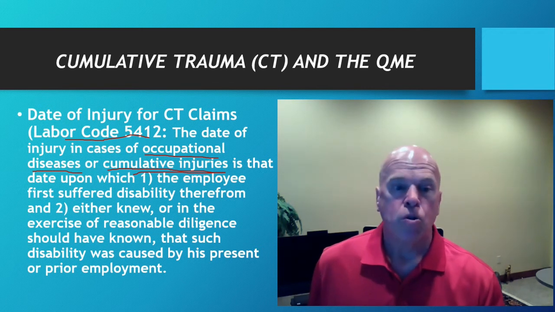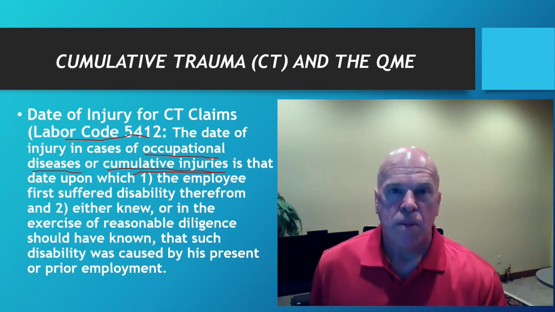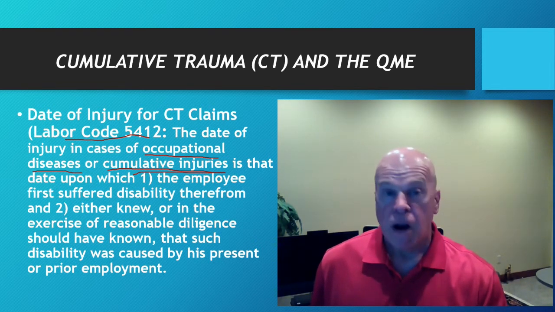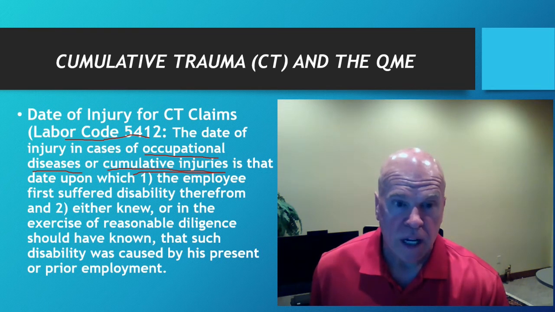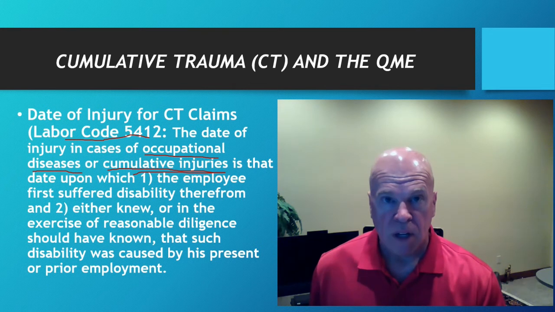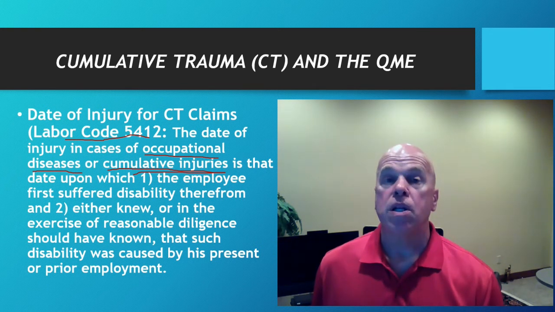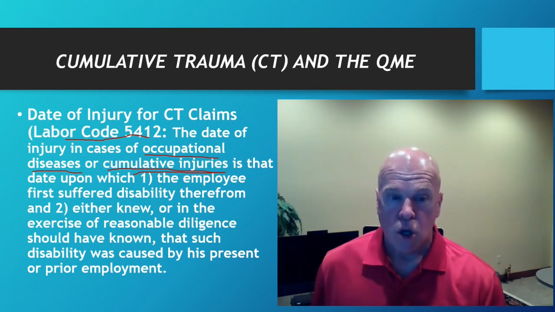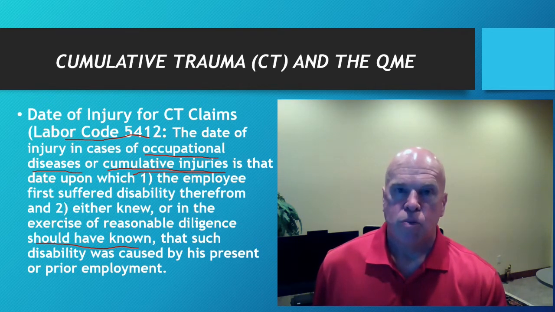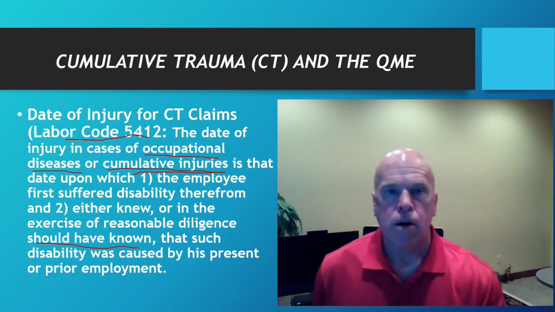So there's one difficulty. The second difficulty in establishing the date of injury for cumulative trauma injury is that the other component that contributes to the date of injury has to do with knowledge. So we have an employee who's suffering disability and then has to gain the knowledge, and he or she either knew or, in the exercise of reasonable diligence, should have known that such disability was caused by his present or prior employment.